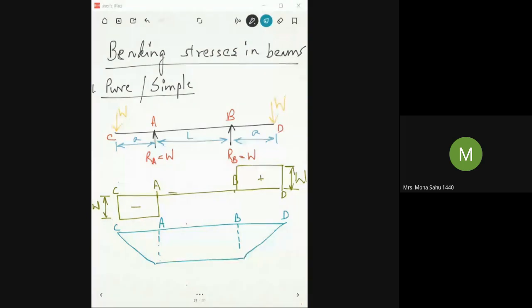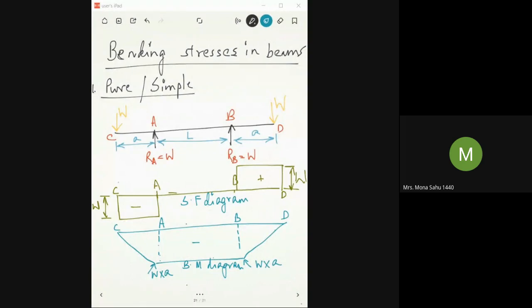So you have a negative bending moment diagram, and this value is going to be W into A. Okay, so this is your BM diagram, and this is SF, shear force diagram. I'm writing short form because it's not fitting on my screen.